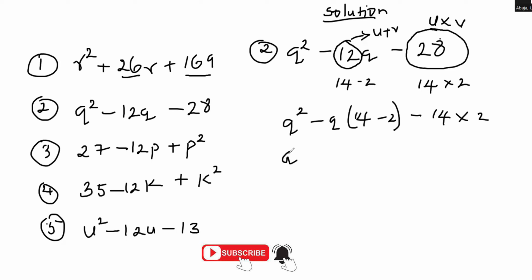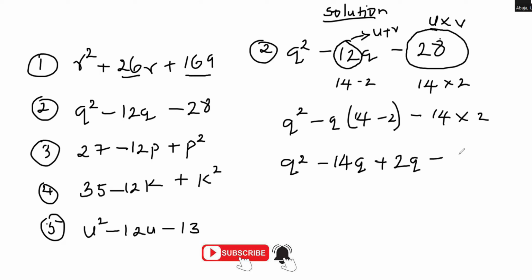So we have q squared minus, now minus q times 14 gives us what? Minus 14q. Beautiful. Now minus q times minus 2 gives us plus 2q.